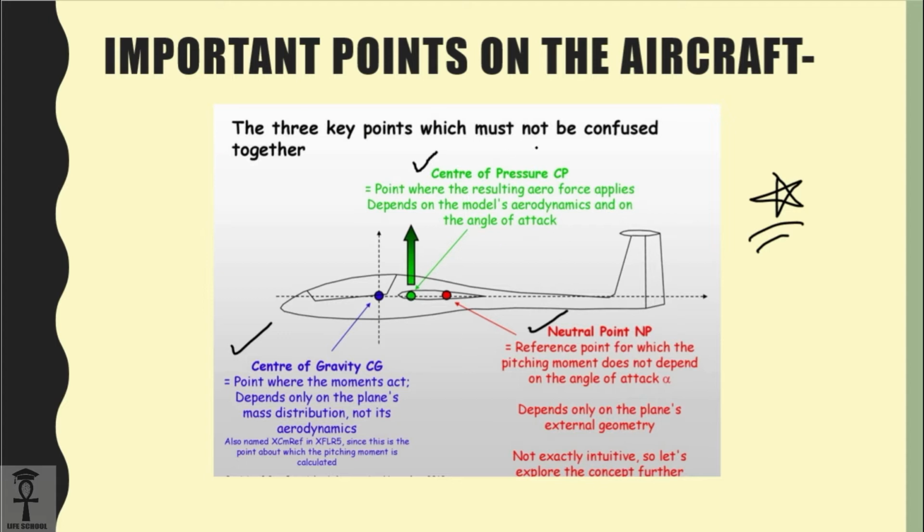Now first let's go with the center of pressure, the green one. The center of pressure is the one where we consider the net effect of the lift force. So the net lift acts at this point.